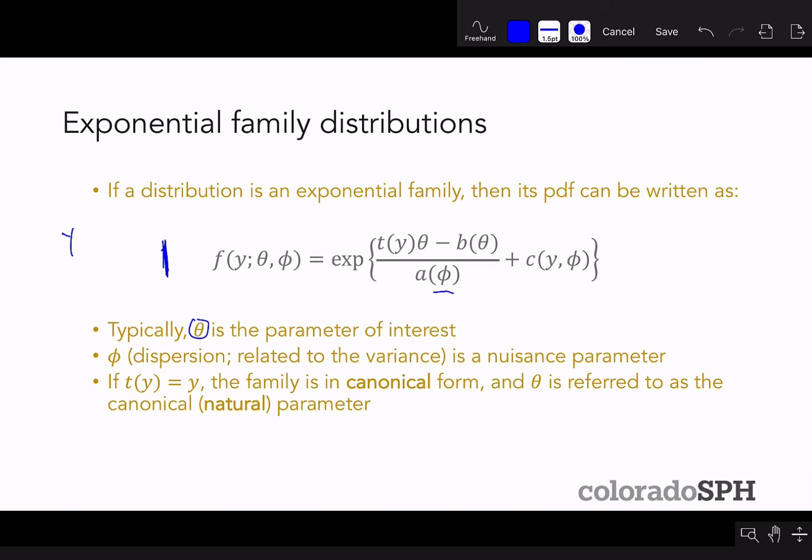And then finally, if you organize your distribution this way and t of y is actually equal to y, then the family is said to be in canonical form, and theta is referred to as the canonical or natural parameter. Again, you'll see an example of that in just a second.